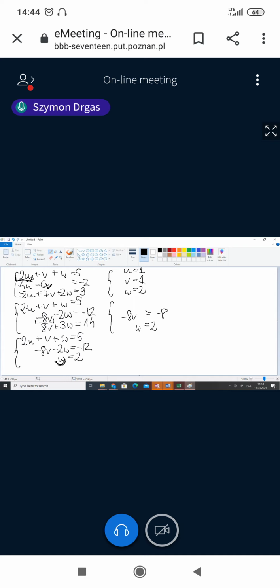So I need to remove also this W. In order to do it, I need to subtract this third equation from the first one. So I will obtain 2U plus V, and I subtract W from W, which is 0, and 2 from 5, so it is 3.